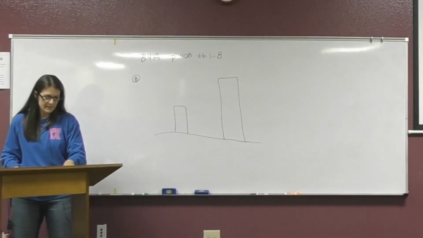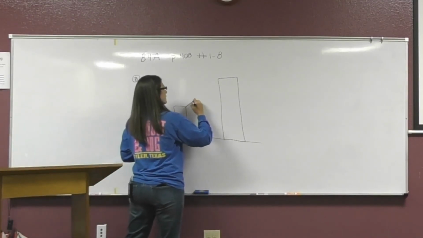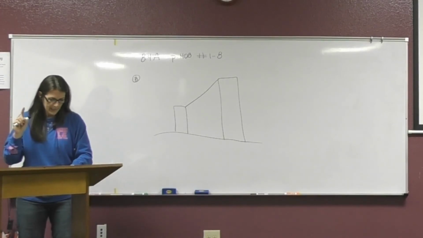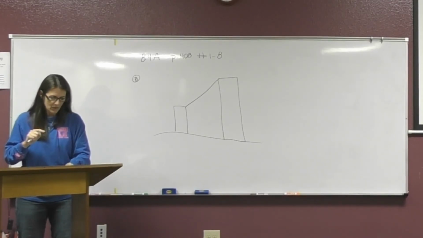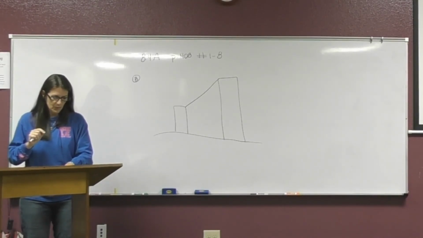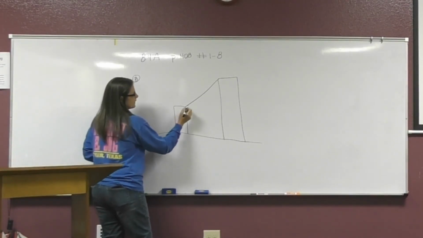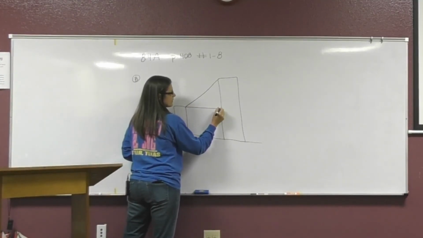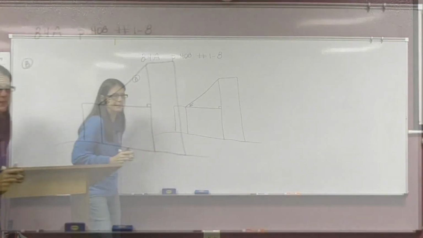And it says a zip line is suspended between the tops of the 2 buildings. So there's my zip line. And the line is at an angle of 35 degrees from the top of the shorter to the top of the taller. Okay, so what I need to do is close this in and make a right triangle. This is that 35-degree angle.